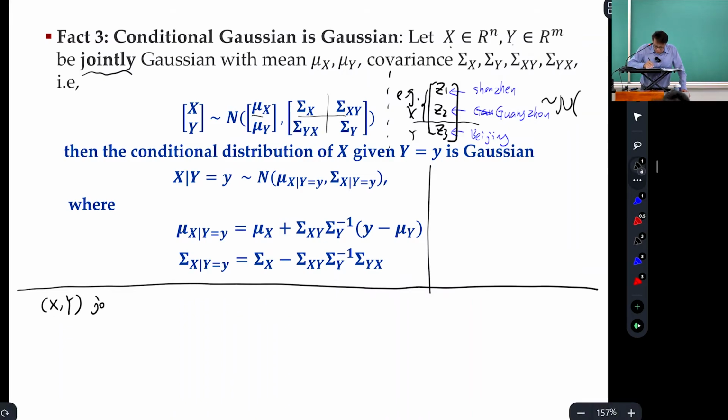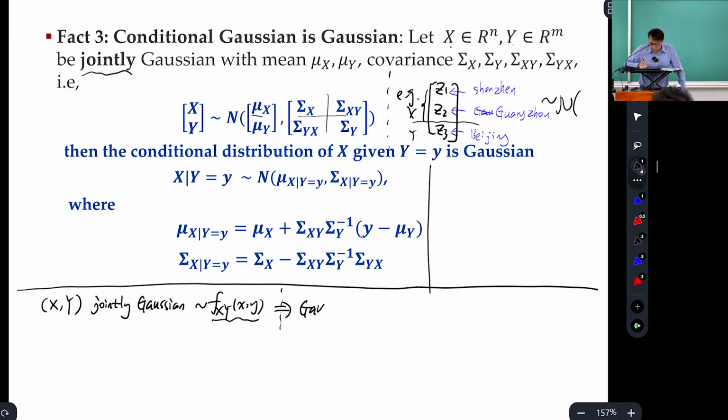So x and y are jointly Gaussian. Okay, so we'll have a density function, right? Jointly Gaussian means this density function has the Gaussian form.